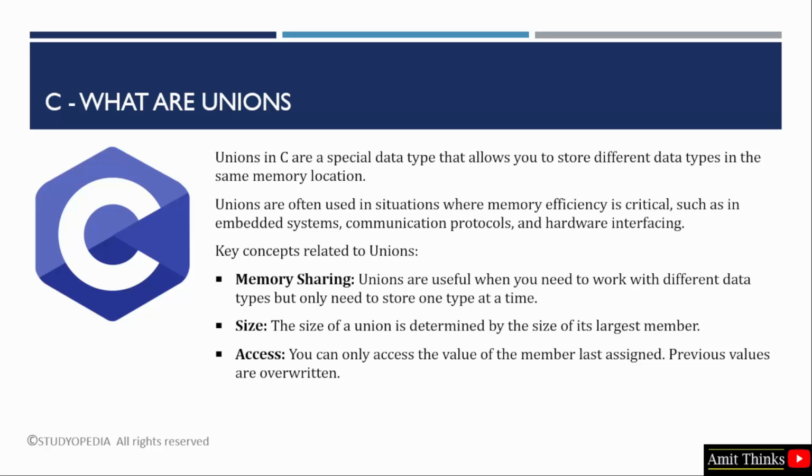They are often used in situations where memory efficiency is critical, such as embedded systems, hardware interfacing, communication protocols, and others. When you need to work with different data types, but only need to store one type at a time, use unions. The size of a union is determined by the size of its largest member.